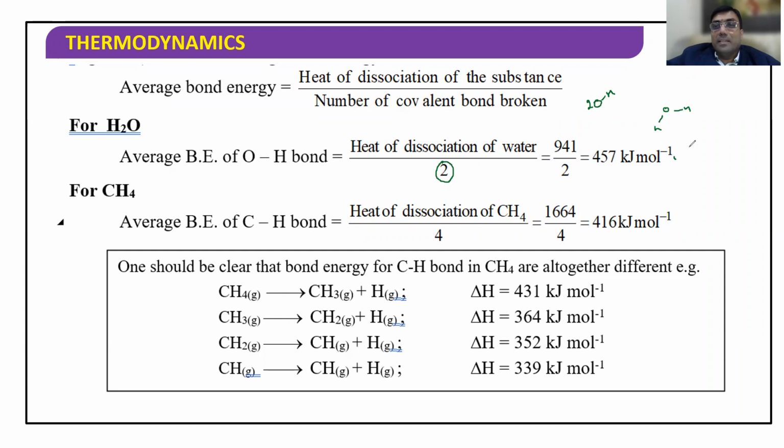Each bond is how much? 457 kilojoules. Similarly, this is the CH bond energy of each bond in CH4, 416 is the average. Are you clear or not? This understanding you should have in bond energy calculations.